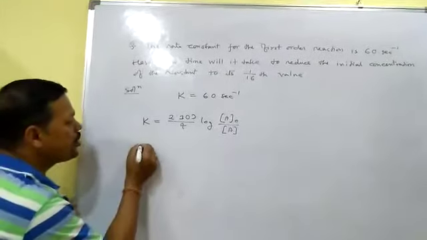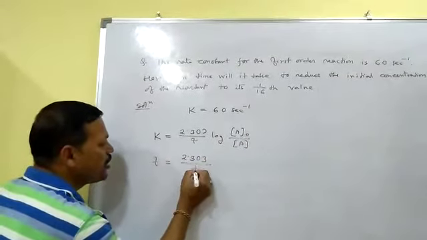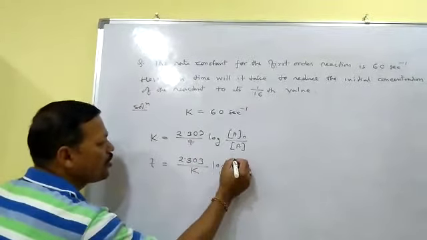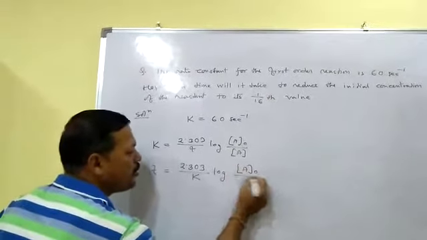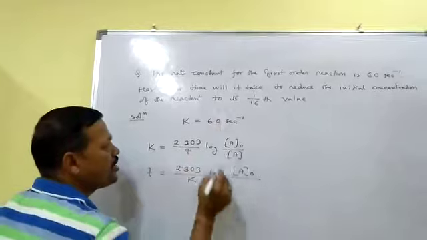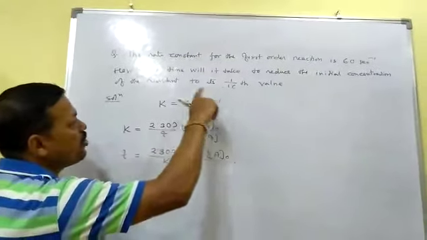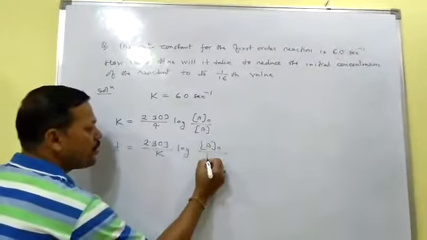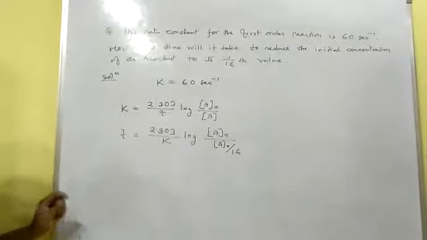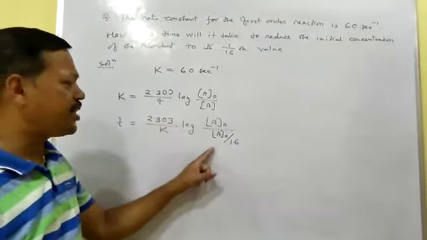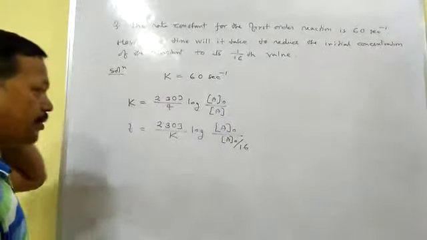Since you have to determine time, t is equal to 2.303 divided by k, log of a naught divided by the present concentration. Reducing the initial concentration to its 1/16 value means the present concentration is a naught by 16.